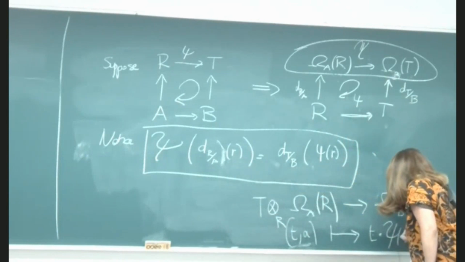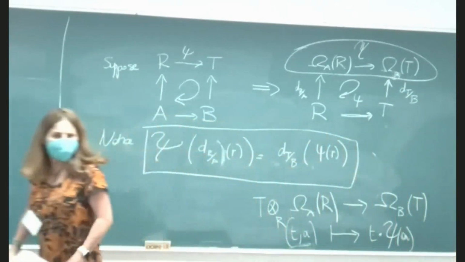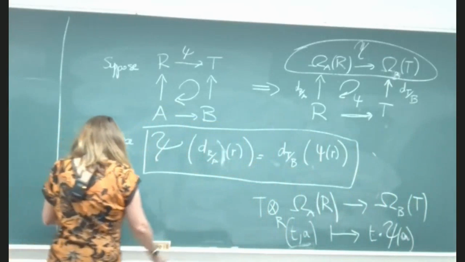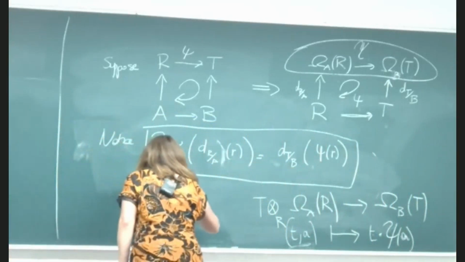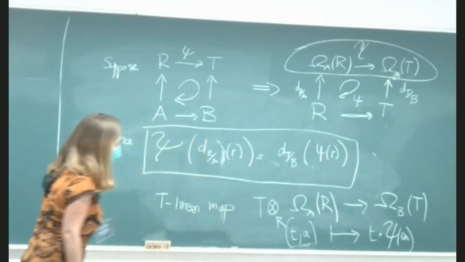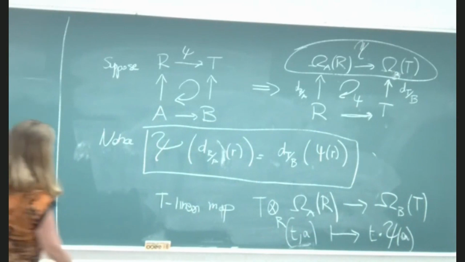So the script phi of A is inside here. So you get a well-defined map this way. And so this is a T linear map, so it's a T homomorphism from these two T modules. And now we are ready to define.